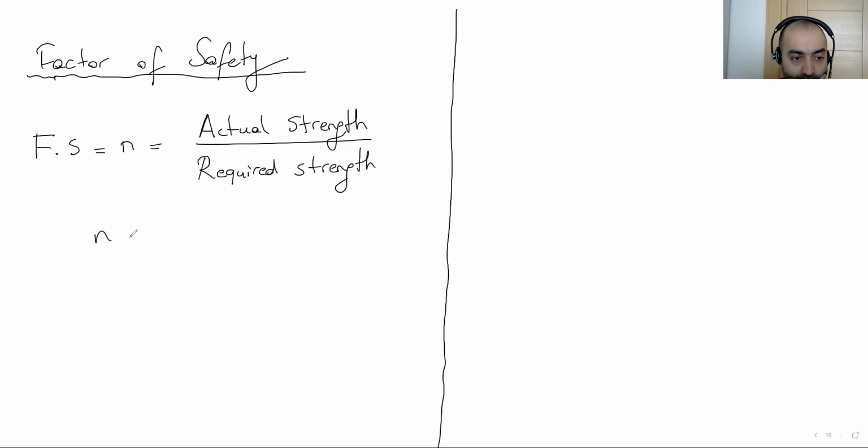This N should be at least equal to 1. Okay, what does this mean?